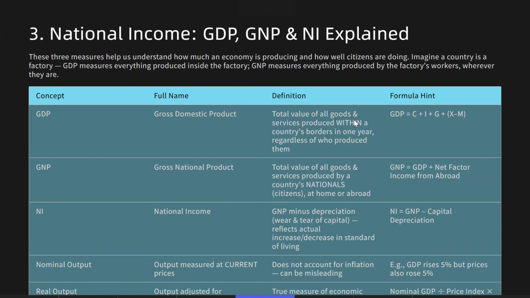So it's basically your GNP, but you have to minus the depreciation from your investments. That's the only difference.